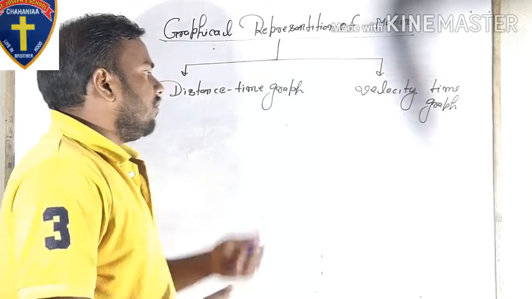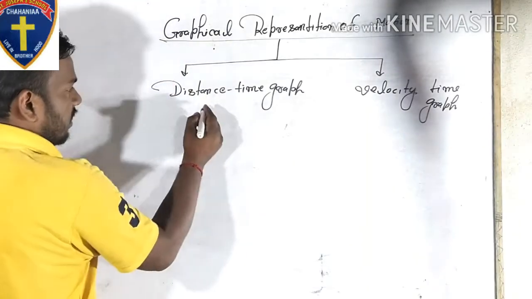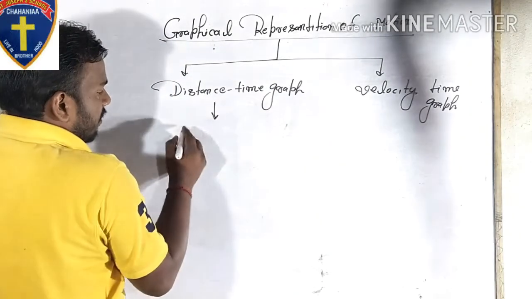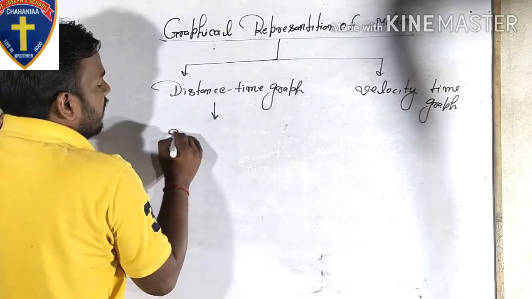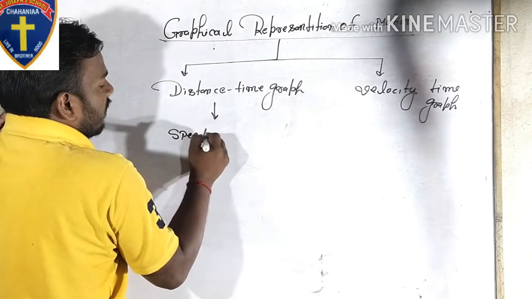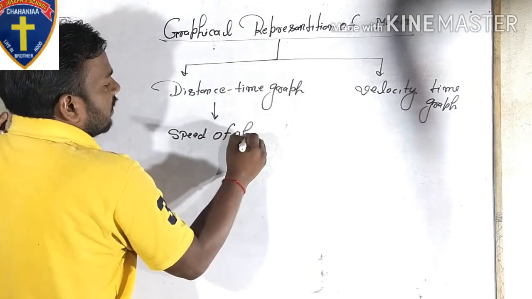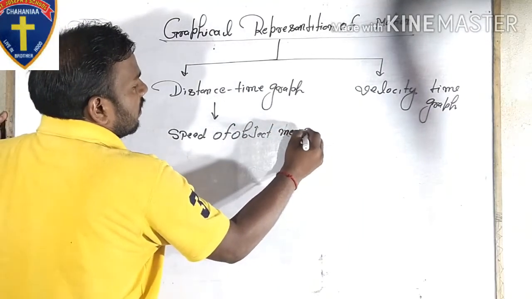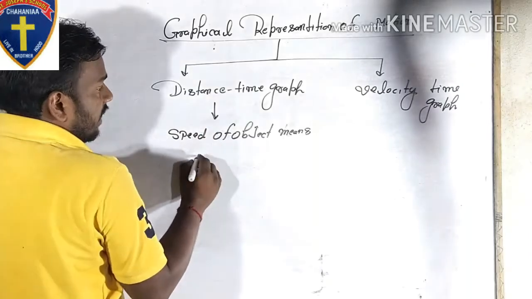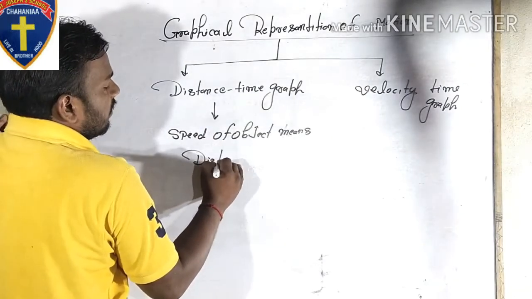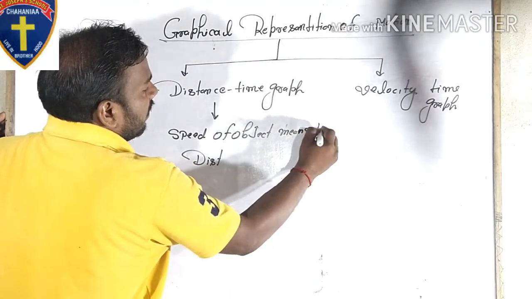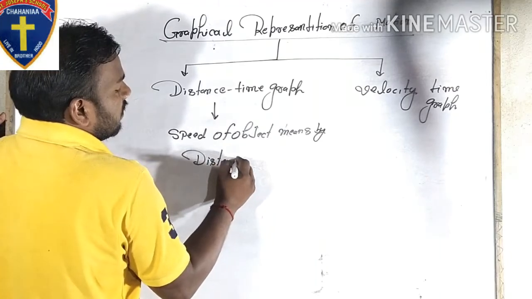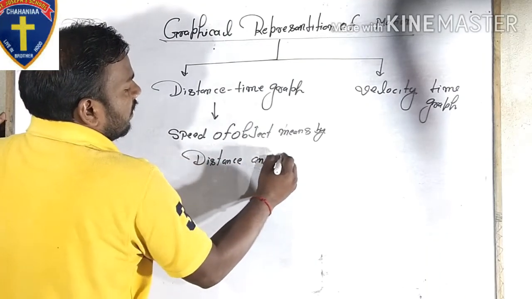What do we calculate here? In the distance-time graph, we calculate the speed of the object, that is, by distance and time.